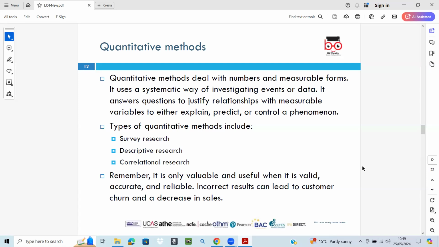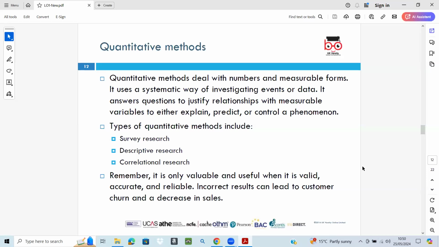Descriptive research focuses on describing characteristics or behaviors within a population, providing a snapshot of a phenomenon at a specific point in time. Then we have correlation research. It examines the relationship between two or more variables, to determine how they are related and to what extent they change together.